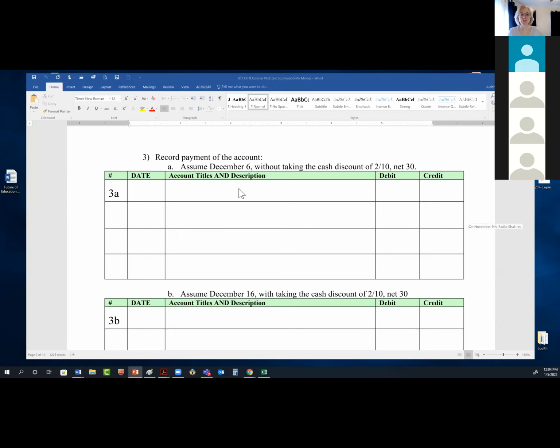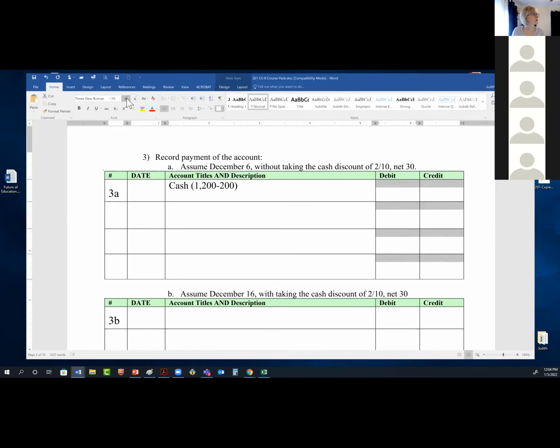Remember they returned some. So the company's paying their bills. When your customer pays, you're going to have cash and what? Accounts receivable. Yeah. So how much do they owe? The company bought 1,200, right? But they returned 200.